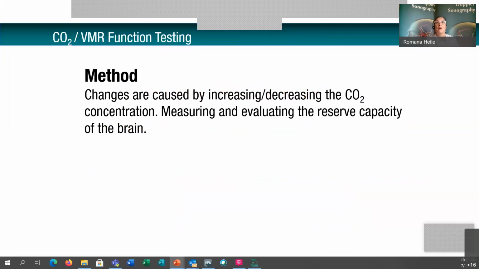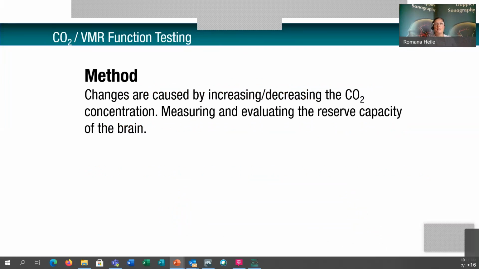So how can we see if the brain, or let's say the arteries in the brain, still have the ability to react to this kind of critical changes for high and low velocity? The autoregulation is done by vasoconstricting and vasodilatation of the end arterioles in the brain.